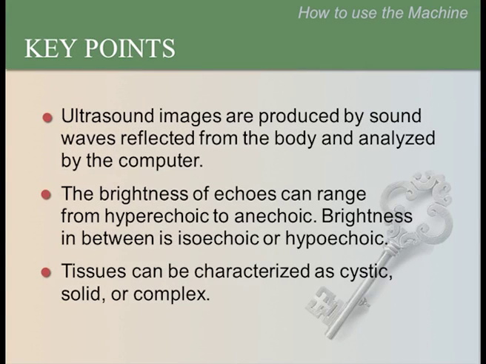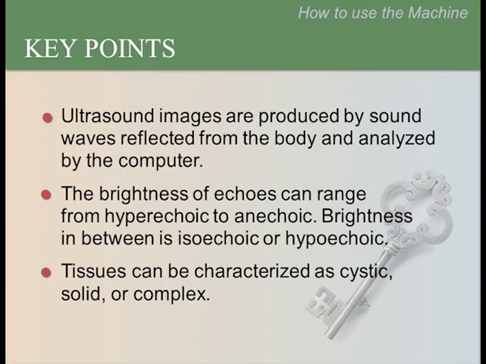To summarize key points from this lesson, ultrasound images are produced by sound waves reflected from the body and analyzed by the computer. The brightness of the echoes can range from hyperechoic to anechoic. Brightness in between is called isoechoic or hypoechoic.